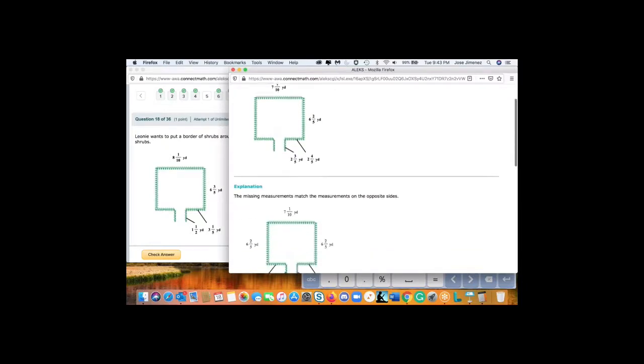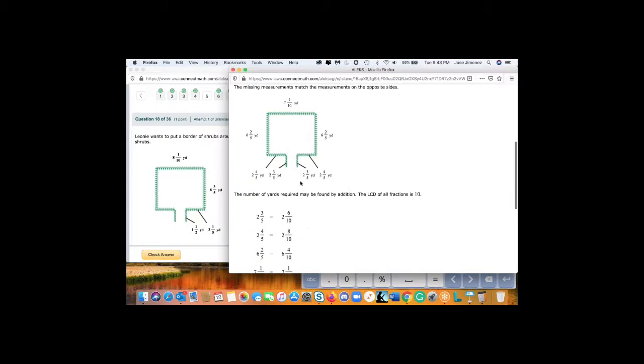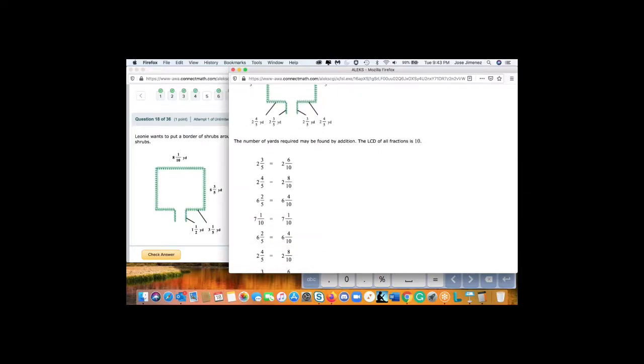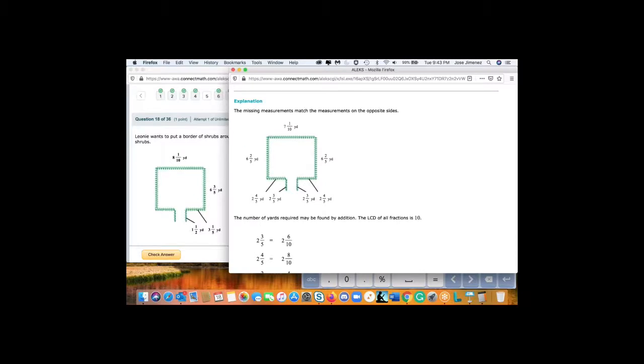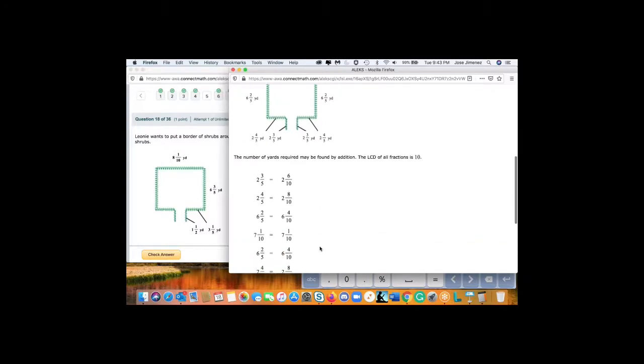They give you an example here, and notice that those numbers will repeat on the right side and on the left side, and then you have to place them with the same denominator as an equivalent fraction.